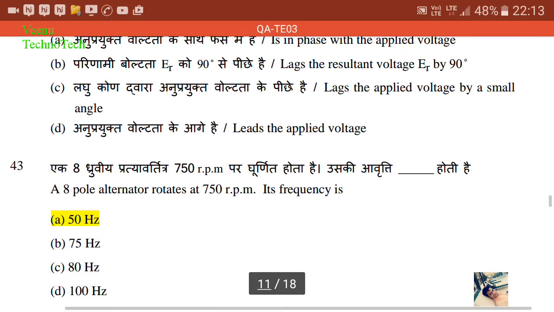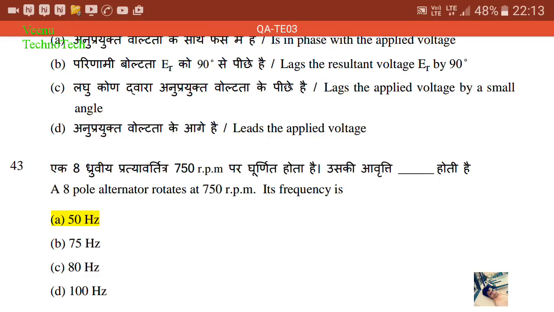Here also I forgot to mark it yellow. Sorry friends. Next, an 8-pole alternator rotates at 750 rpm. Its frequency: the formula to find frequency is simply speed in rpm multiplied by pole number divided by 120.